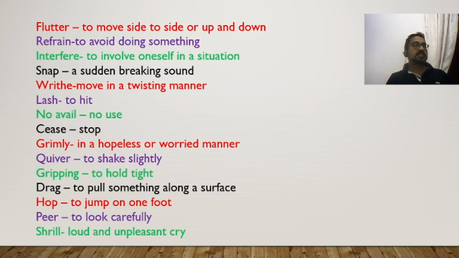Lash, to hit. No avail, no use. Cease, stop. Grimly, in a hopeless or worried manner. Quiver, to shake slightly. Gripping, to hold tight. Drag, to pull something along a surface. Hop, to jump on one foot. Peer, to look carefully. Shrill, loud and unpleasant cry. Okay, now move on to the text.